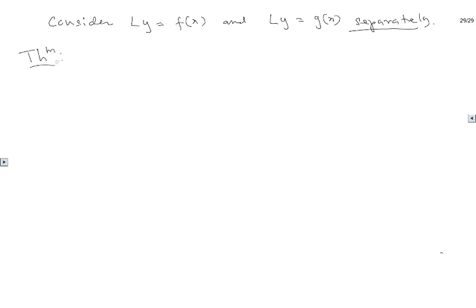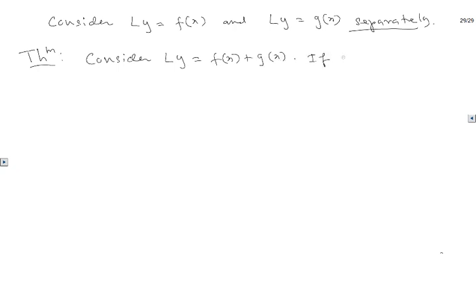So what the theorem says: consider Ly equal f(x) plus g(x).